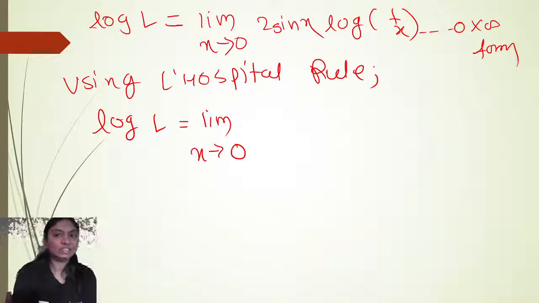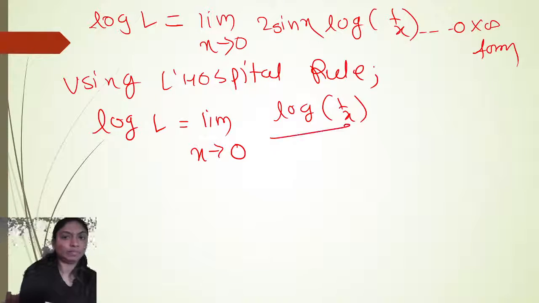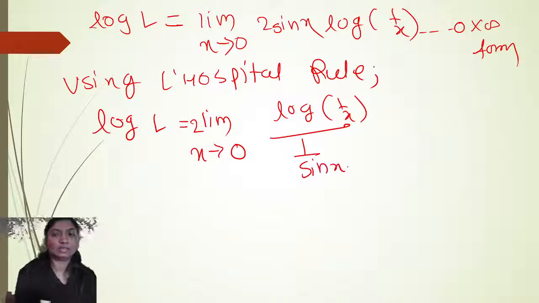So we will adjust this sin x. So 2 times log of 1 by x upon 1 upon sin x. If you observe, it is converted into infinity upon infinity form.